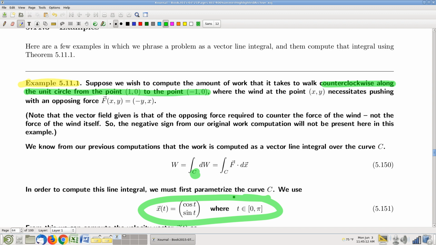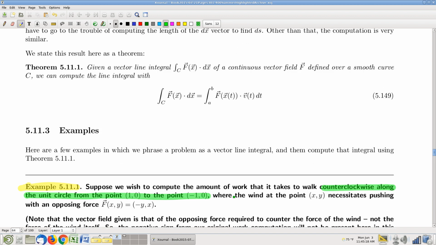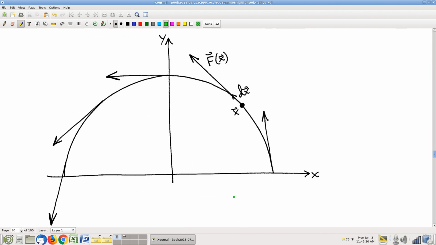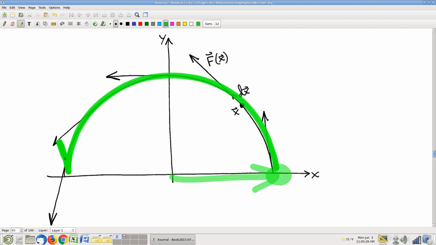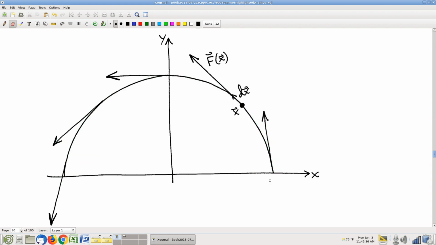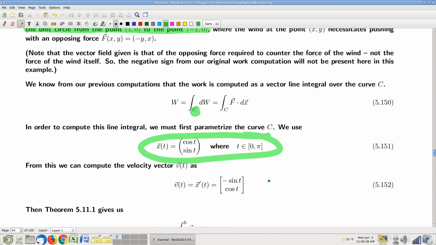These points are (1, 0) and (-1, 0). (1, 0) is where I start. This is where t is equal to 0, and in that parametrization we get around over to here where t is equal to pi. So t goes from 0 to pi. Is everybody happy with where the parametrization came from?